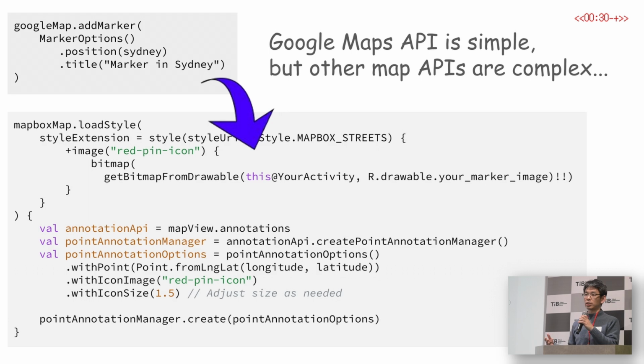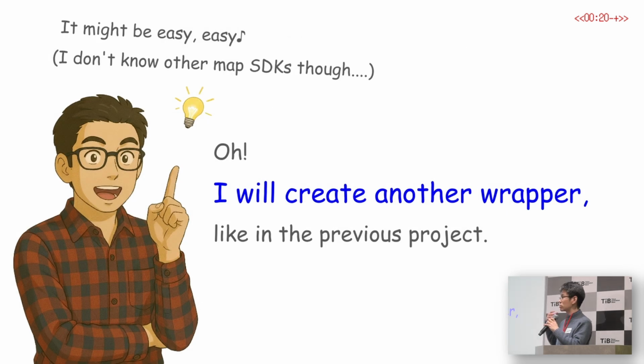That's why Google Maps is very popular in the world. However, in Mapbox, you load the style, create an annotation, provide some options, and pass it to the annotation manager. Yes, you can say it's flexible, but no, it's difficult for beginners.